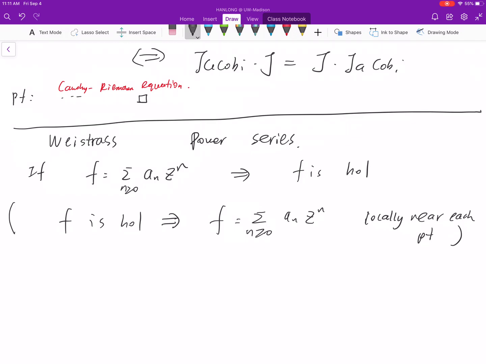So locally, holomorphic functions are just power series, which are an infinite version of polynomials. So from an analytical point of view, it's much easier than the partial differential equation.